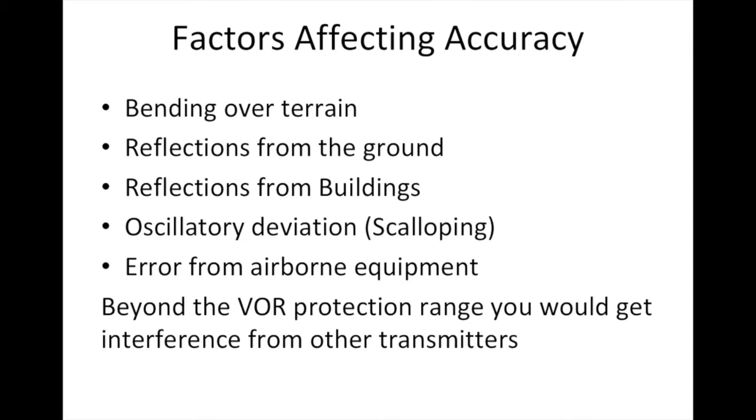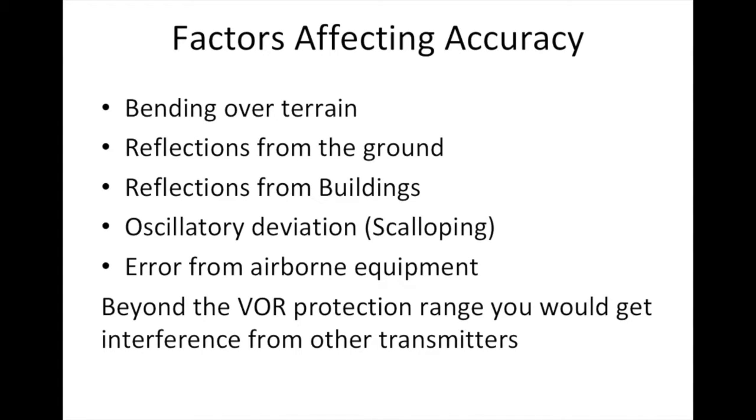And of course, in order to be able to utilize VORs effectively, we need to understand what the factors are that affect the accuracy, or being able to actually pick up a signal and use the VOR while in flight. There's bending of the signal over terrain. That's a problem.